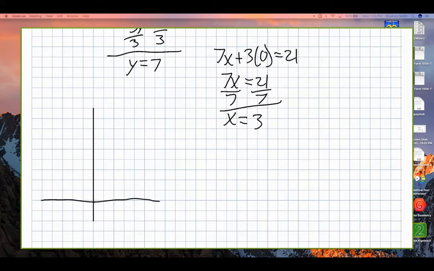Here's my y, and my x. So here is 0, 7. And 3, 0.